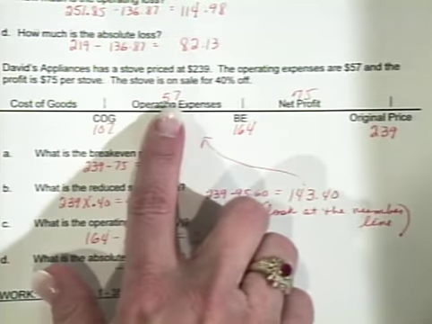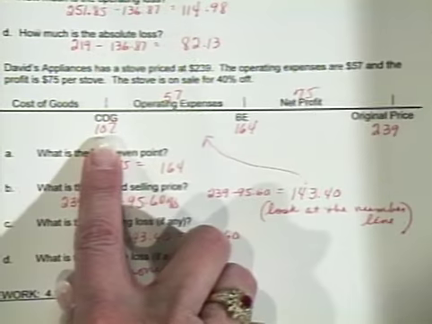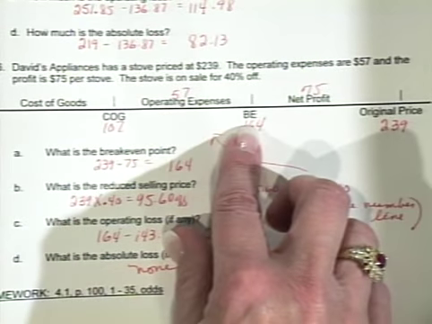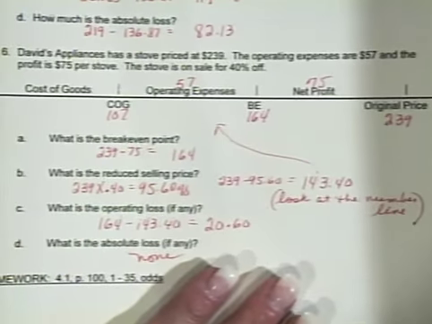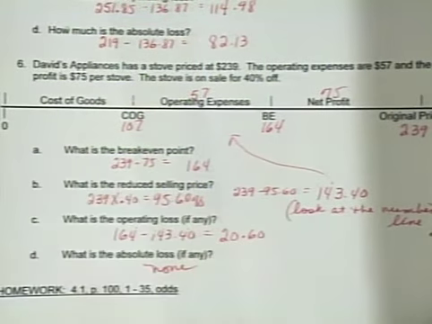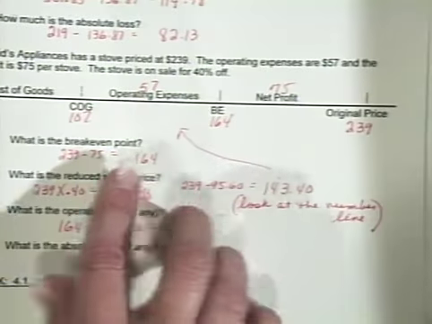If my operating expenses are $57, I can subtract and come back to the cost of the goods, $107, from the $164, that'll give you the cost of the goods. So it's asking, what is the break-even point? The break-even is the selling price minus the net profit.